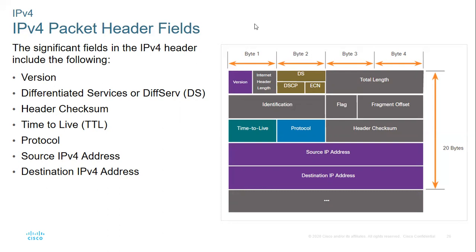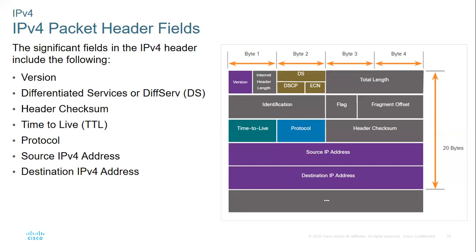Okay, the total length of the header, and then we have these three parts here: identification, flag, fragment offset. Okay, how are these used? You find that sometimes when a packet is moving on certain networks, it is required that we use a packet which has a smaller size.